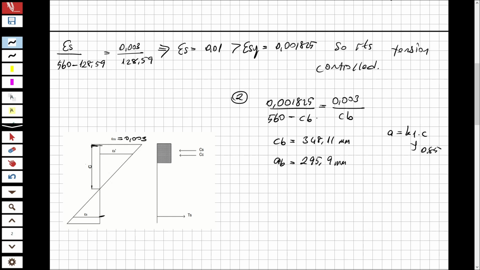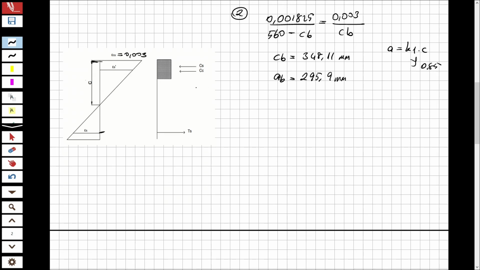So let's write the equilibrium and determine the balanced steel area. For the equilibrium, CC plus CS equal to tension steel: 0.85 for the compression concrete, multiplied with fcd 16.67, multiplied with 300 as bw, and multiplied with a.